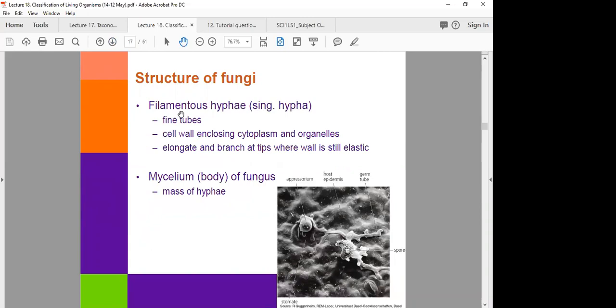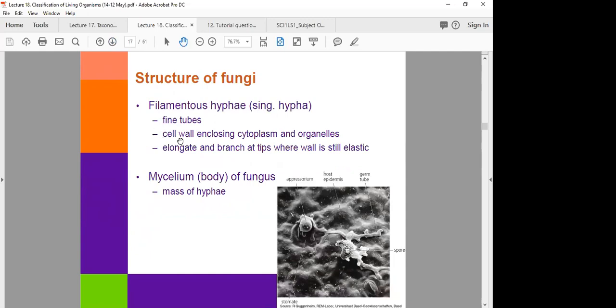Structure of fungi. Many fungi produce filamentous hyphae, singular hypha, and hyphae are simply very elongated cells, which look like very fine tubes.